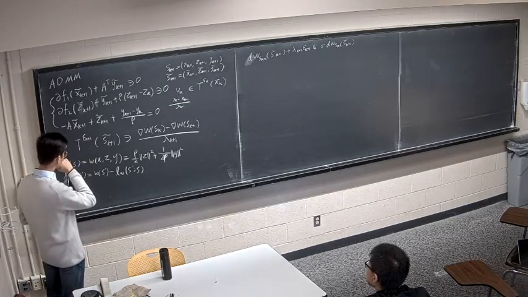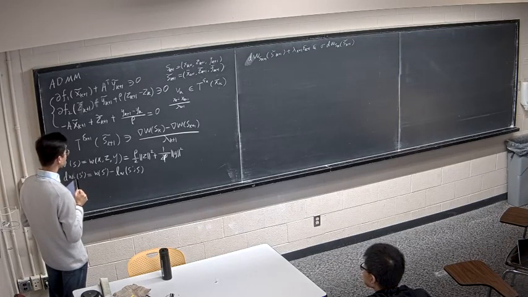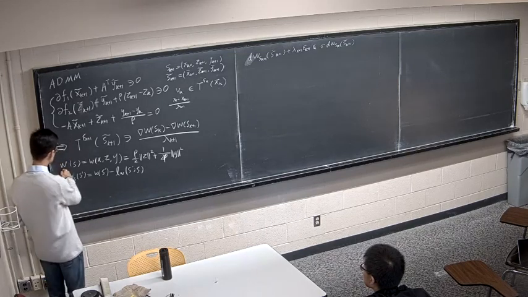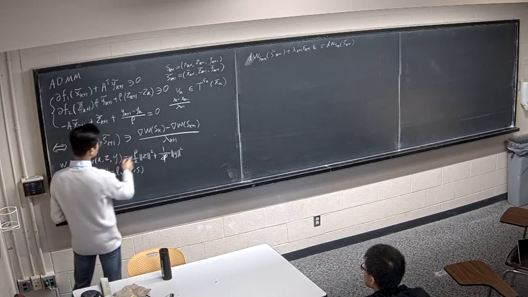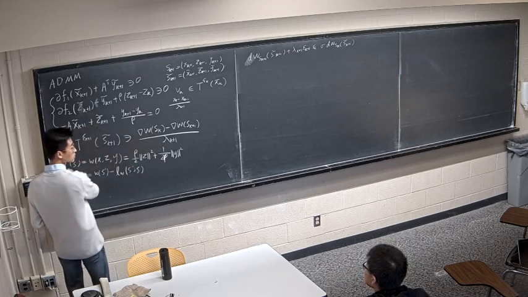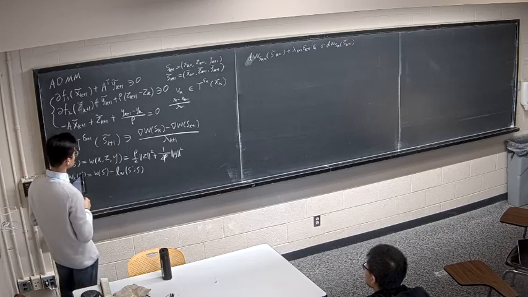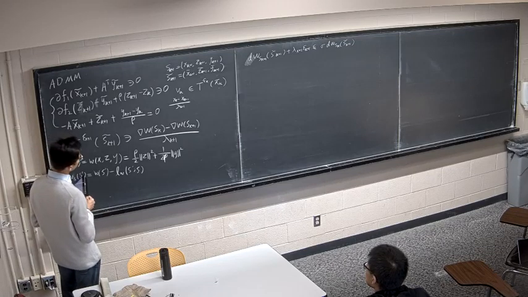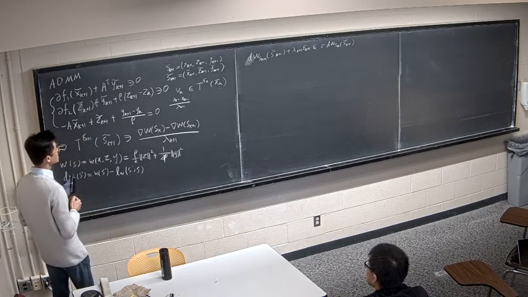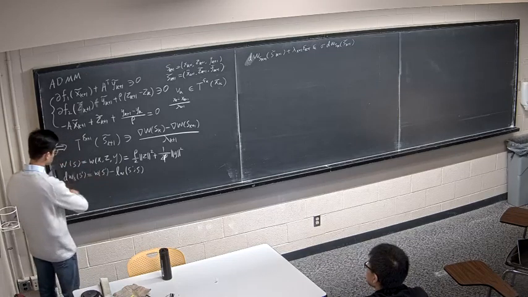So we also need to verify the inequality in the IPP framework. And in this case, it's more general. We are using Bregman divergence because here W is the distance generating function. And here we already replaced the gradient of the L2 norm square by the gradient of W. So we are also going to replace the normal Euclidean distance, the L2 norm square, by the Bregman divergence using W. So this definition is the same as the Bregman divergence that we have seen in the lecture about mirror descent.